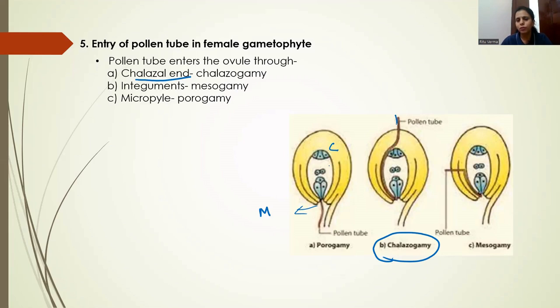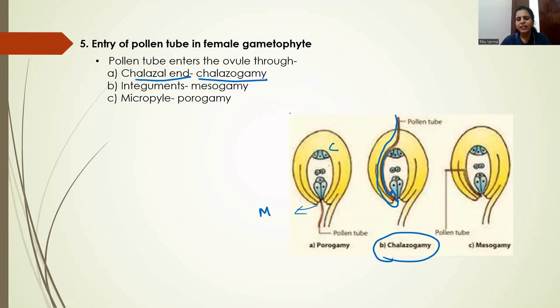You can see the pollen tube has entered inside the ovule through this chalazal end, and then it tries to fuse with the egg cell. So this process is known as chalazogamy.